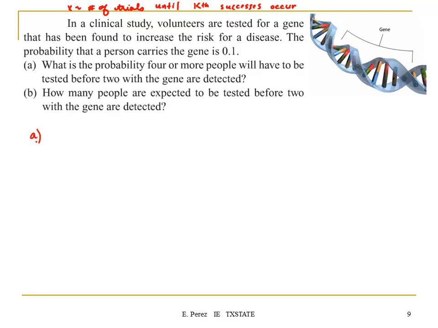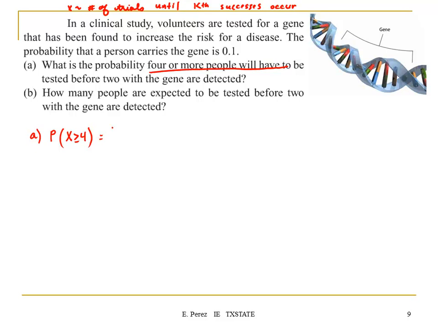Our random variable is X. So it is the probability of X being greater or equal to 4, because it's 4 or more people that need to be tested in order to find 2 with the gene.